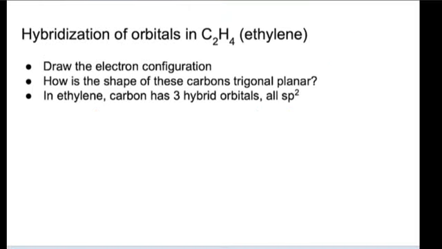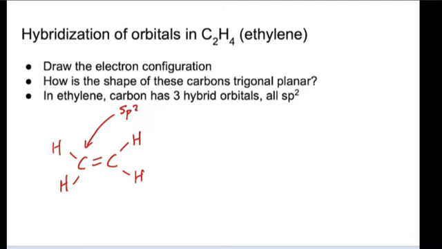Okay, let's go ahead and do the same thing now, but for C2H4, ethylene, otherwise known as ethene. This is a molecule with a carbon-carbon double bond, and then we've got 4 hydrogen atoms around the periphery. So for that carbon, either one of them, they're the same, we want to know the hybridization and understand why it is what it is.